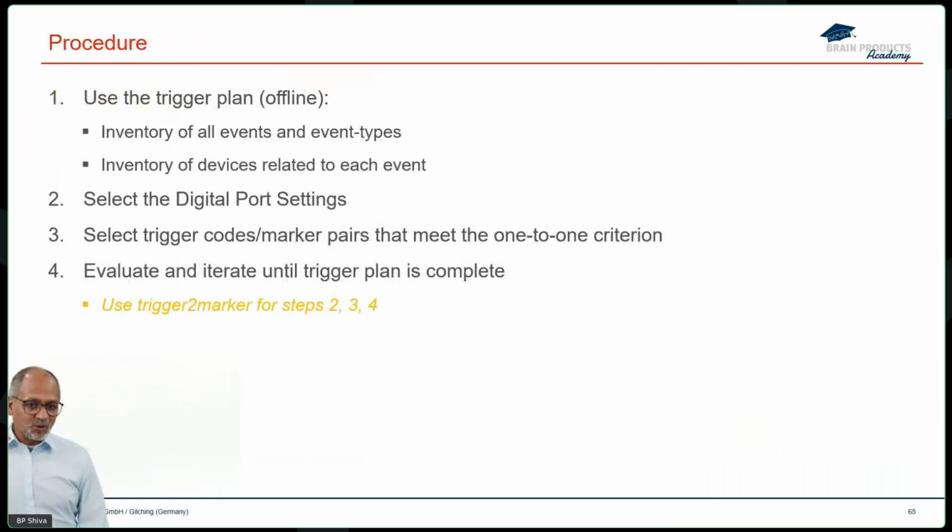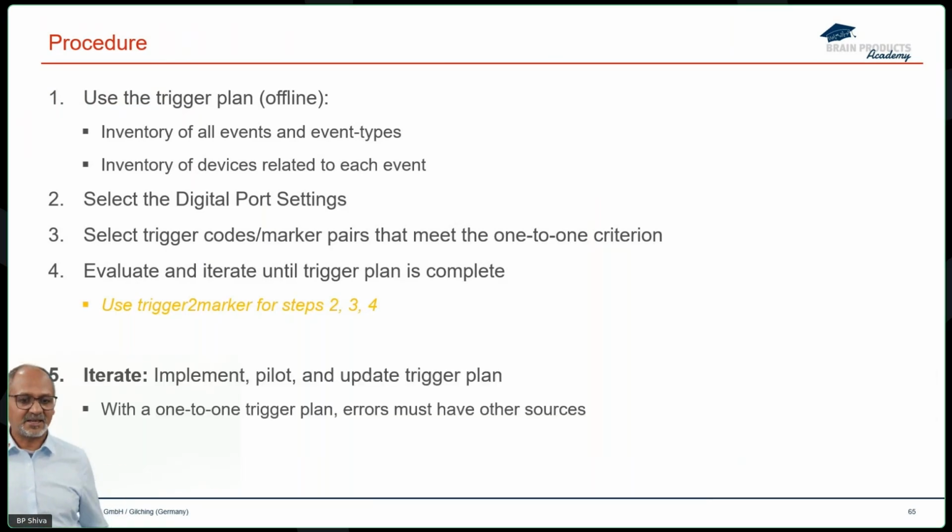So to conclude, the practical tip is to use the trigger plan. This is an offline pencil and paper activity to carefully inventory all events and event types, the devices involved, select the digital port settings, and assign trigger codes and marker pairs that meet the one-to-one criterion, and use the trigger to marker tool to find the right combinations until they're complete.